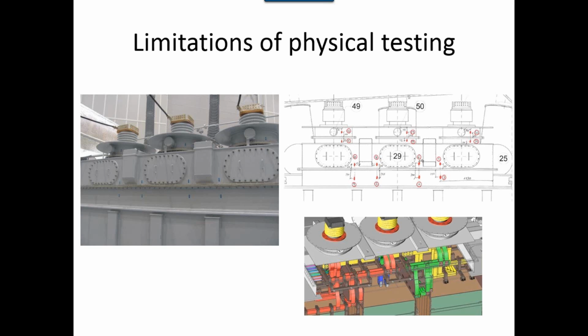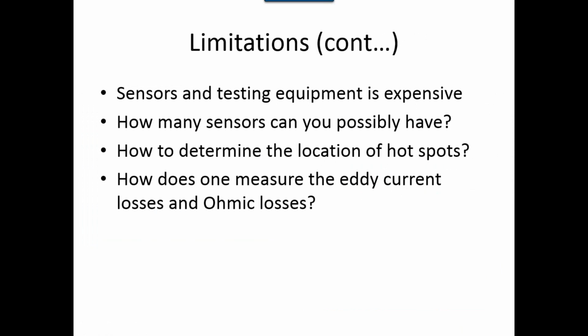Let's take a look at some of the limitations of physical testing. Here I have a transformer design over the left, and you can see some of the small thermal sensors that are being stuck onto the transformer, and here are the locations of the thermal sensors, and you can see the intricacy and the design challenge, with just a very small part of the transformer interior being shown here.